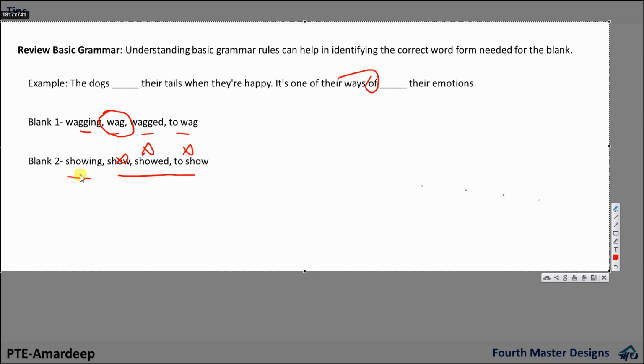Okay, so if I have to summarize, I will say: keep context in mind, keep the elimination approach in mind, grammar in mind, and sometimes refer to other sentences. To answer a particular blank, you may have to keep this sentence in mind, or the next part in mind.